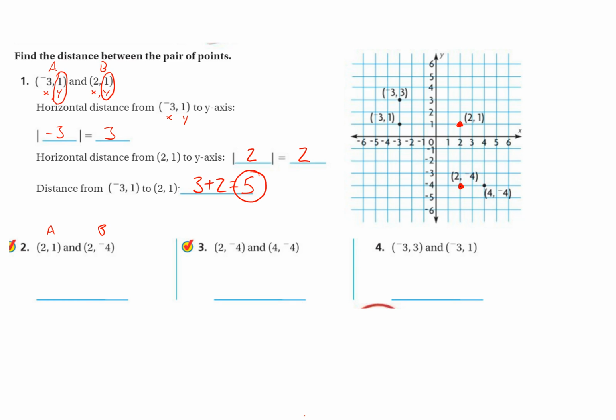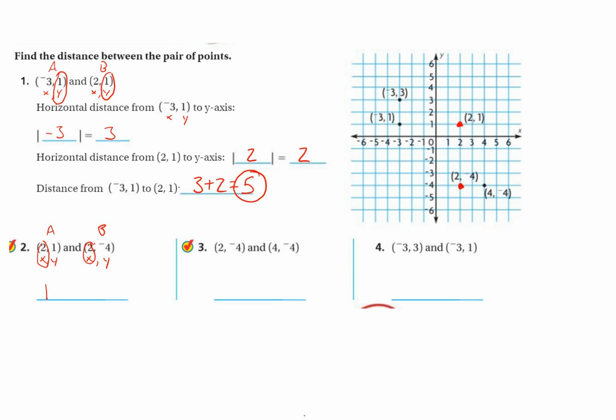Okay. So 2, 1 is 1 unit away from the x-axis, because this time the x's are the same on this problem.